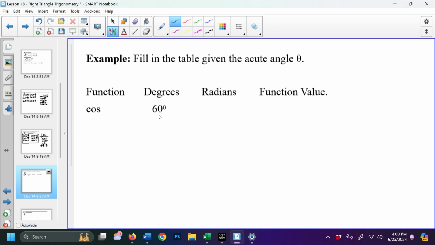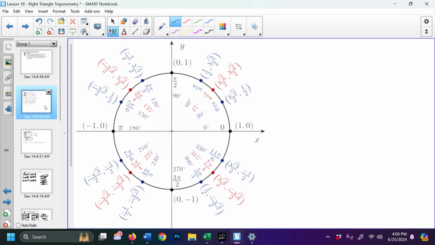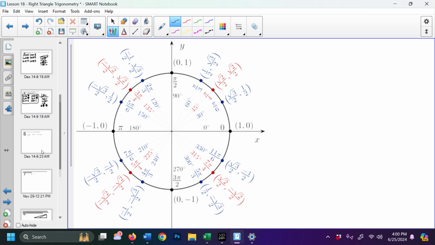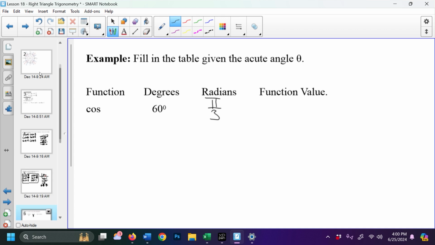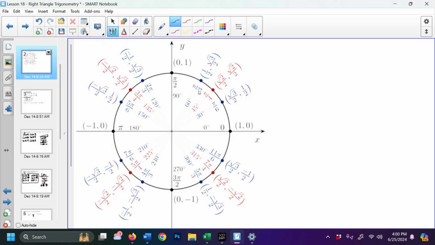And again, hopefully you are memorizing your unit circle and you can remember that 60 degrees has a radian measure of pi over 3. And then the function value, the cosine of 60 degrees or the cosine of pi over 3, they're the same, would be the x value at pi over 3, which is a half.